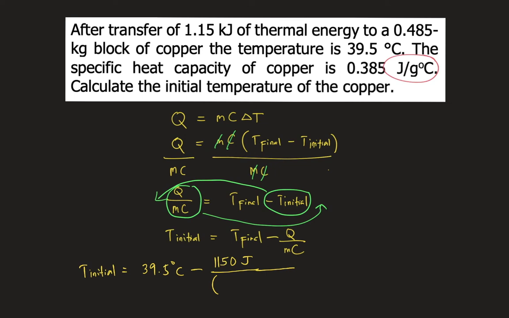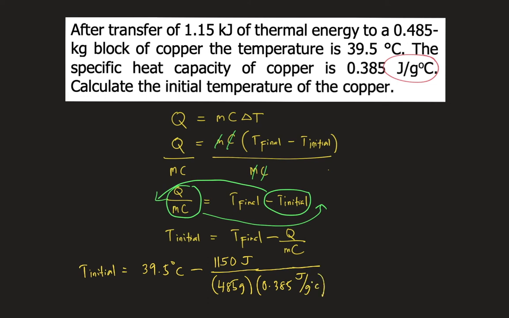So again, you multiply by 1,000. So 0.485 times 1,000 is 485 grams. And c is the specific heat capacity, 0.385 joules per gram degree Celsius.